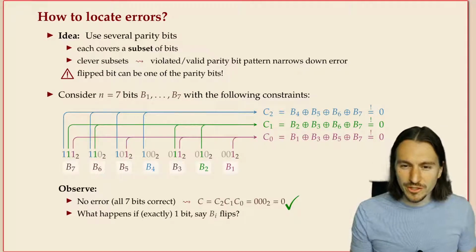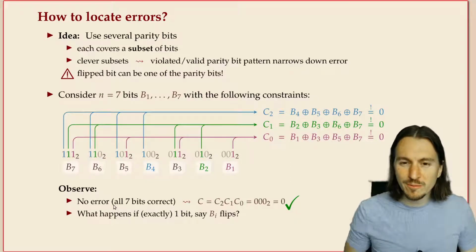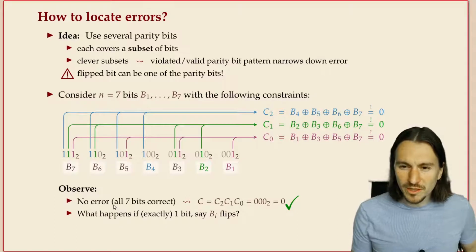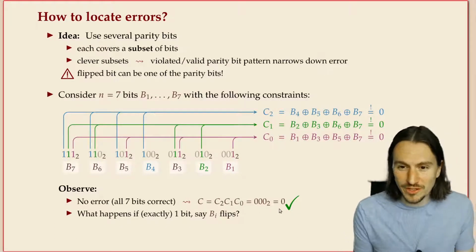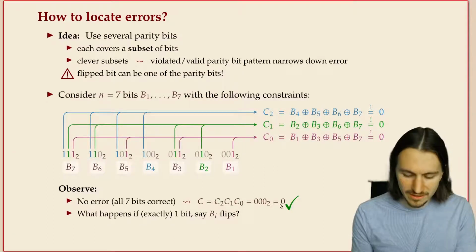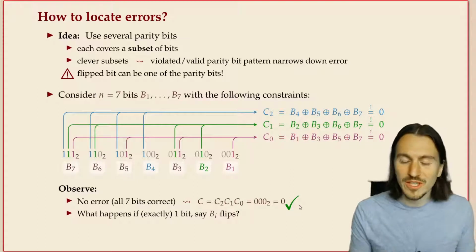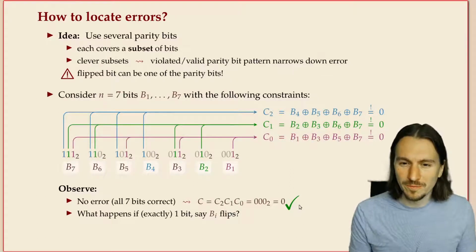A first observation: if no error occurs, if all 7 bits are correct, we can check for this by computing the checking bits. And if these are all 0, then that's our signal. That's what we use to mean no error has occurred.